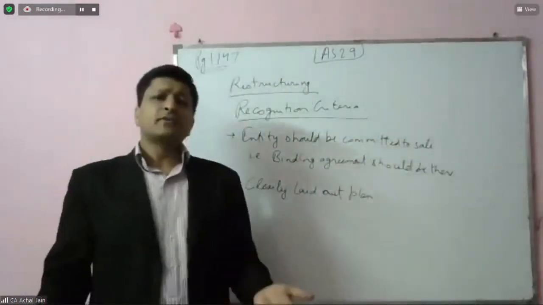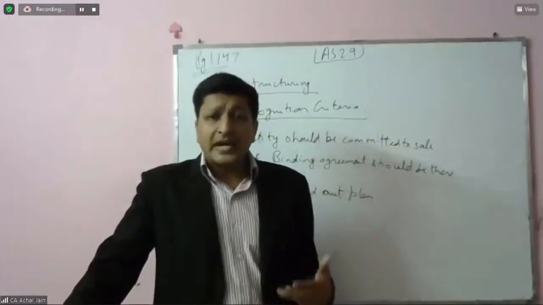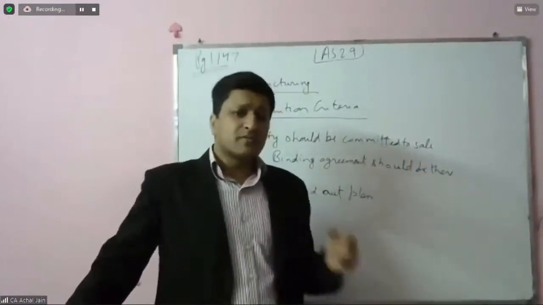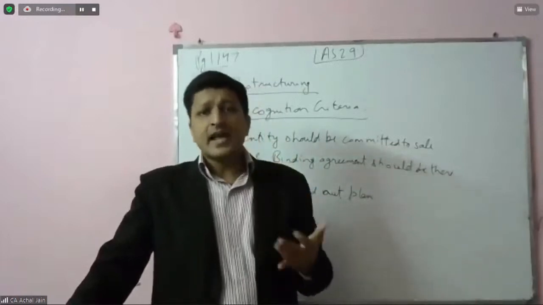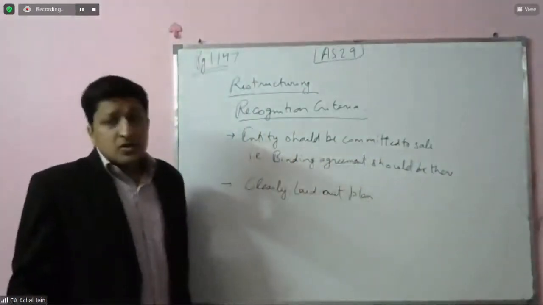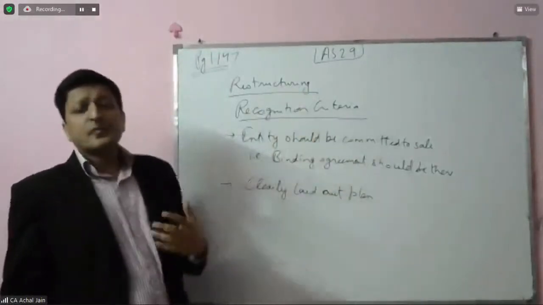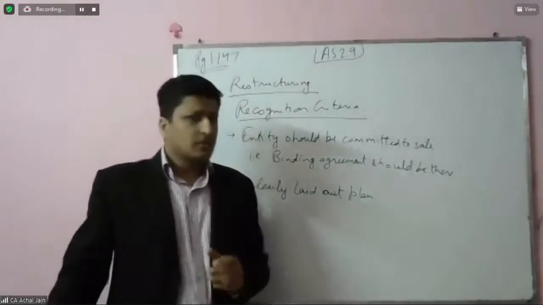The board of directors have not approved this. Nothing has been done in respect of finding a buyer who will take over this business or how the assets and liabilities will be settled. So in such a situation, should we really consider creating a provision for the restructuring costs? No.